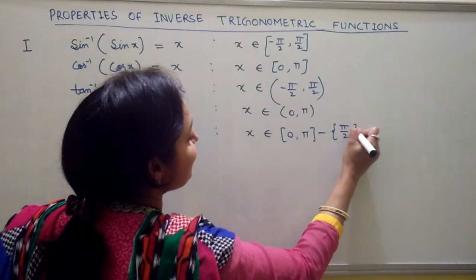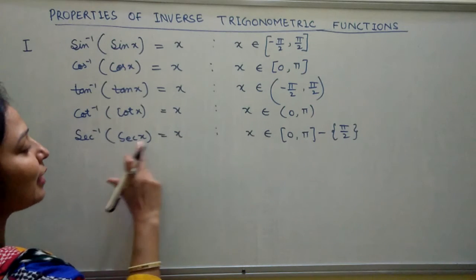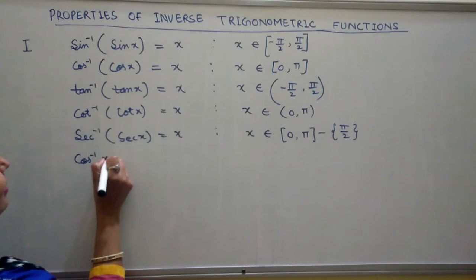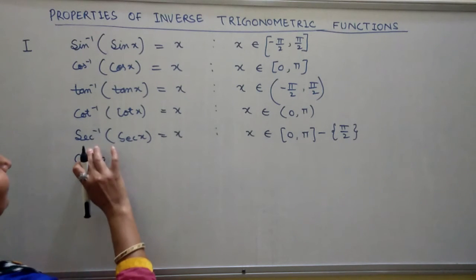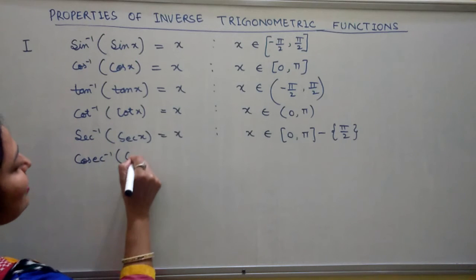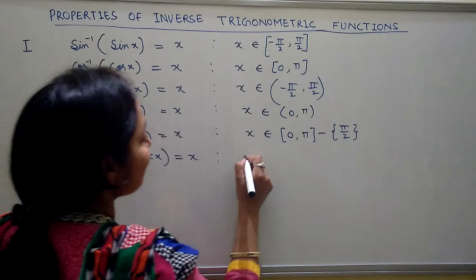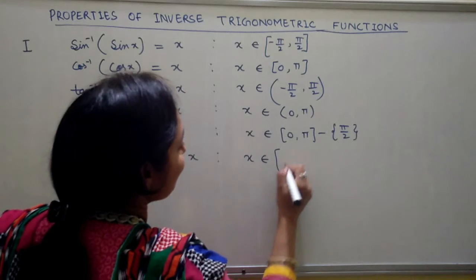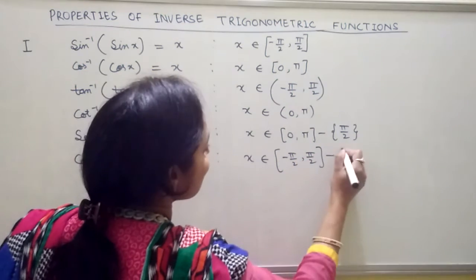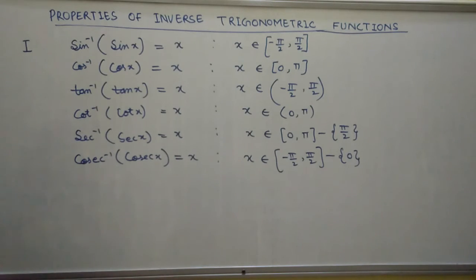We have to exclude pi by 2 from this, so that there should not be any pi by 2. Okay, now cosecant inverse cosecant x is equals to x if x belongs to minus pi by 2 to pi by 2 excluding 0. So this is the first type of the properties.